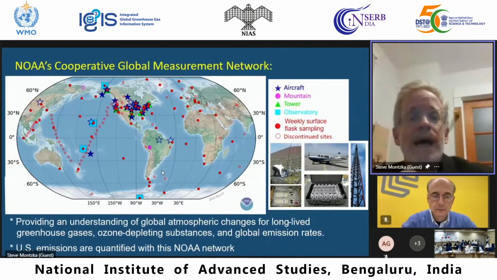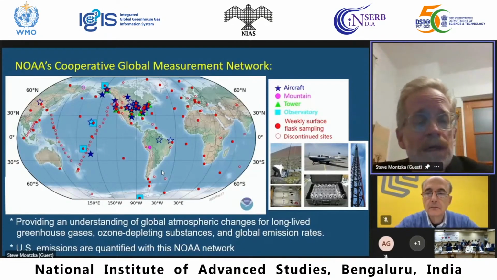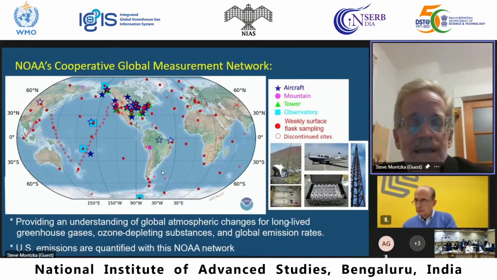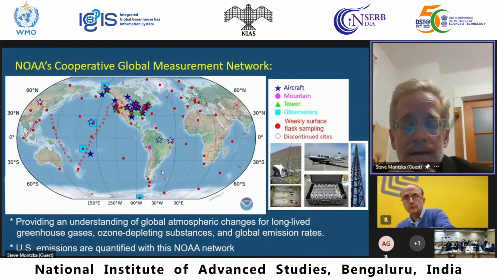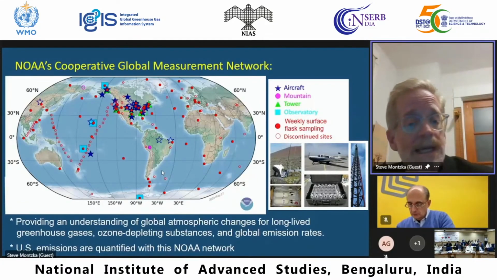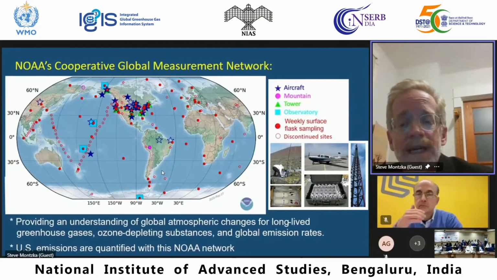Dr. Terasowa showed a map. Many of the stations she indicated on her map are also places where NOAA makes measurements. Once again, it's this remote atmospheric sampling network that provides an understanding of global atmospheric changes for long-lived greenhouse gases and ozone-depleting substances, and from that information we can derive global emission rates for those long-lived gases in a kind of budgetary analysis.